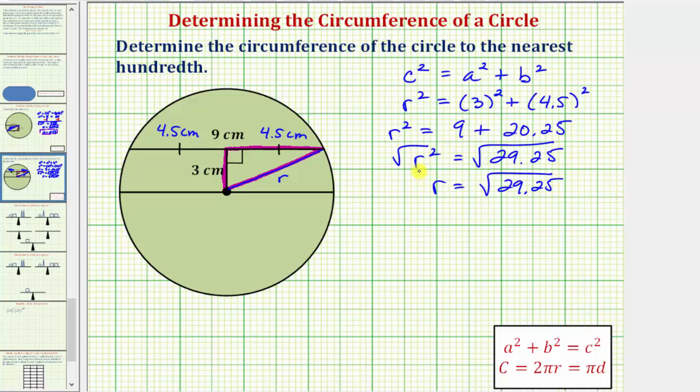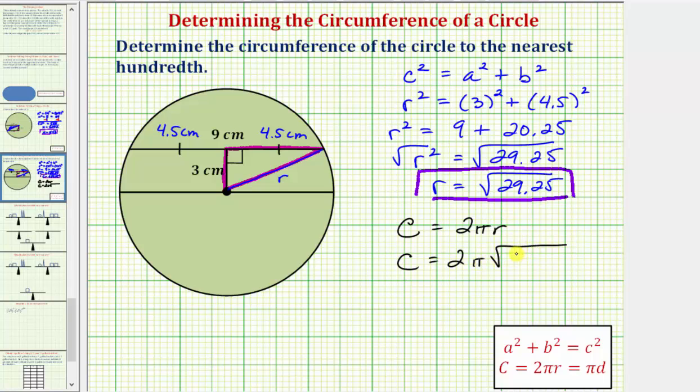Now that we know the length of the radius, we can determine the circumference of the circle, and we'll leave the radius in this exact form, and then we'll round the circumference to the nearest hundredth. So the circumference is equal to 2 pi r, or in our case we have 2 times pi times the square root of 29.25.